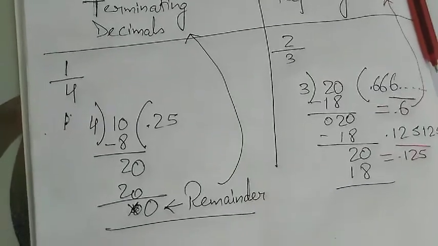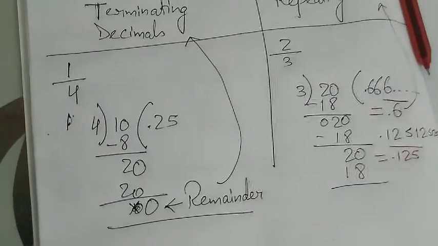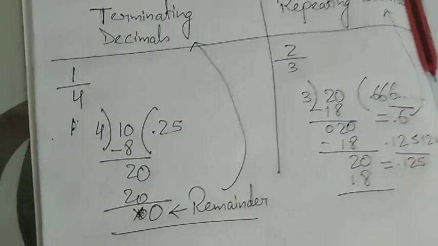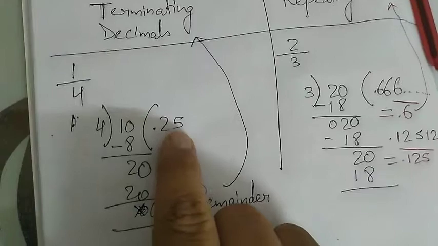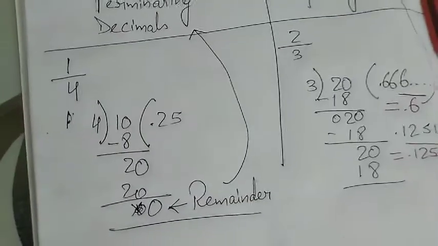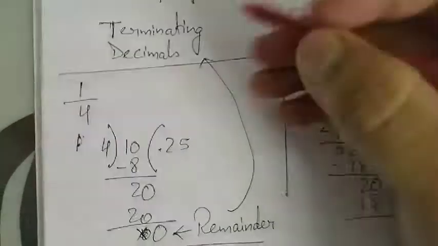Now you see, for terminating decimals, the decimal expression should terminate, like here it terminated, right? It should come to an end, and only then is the decimal called a terminating decimal.